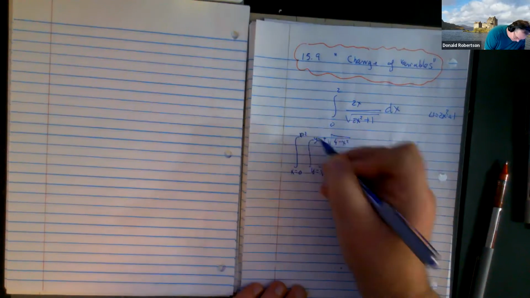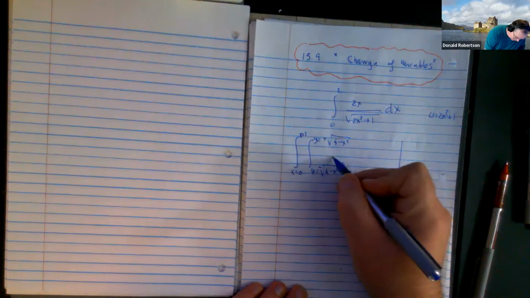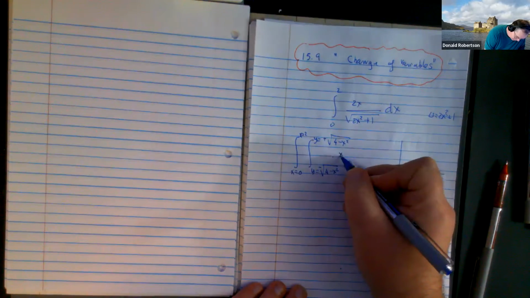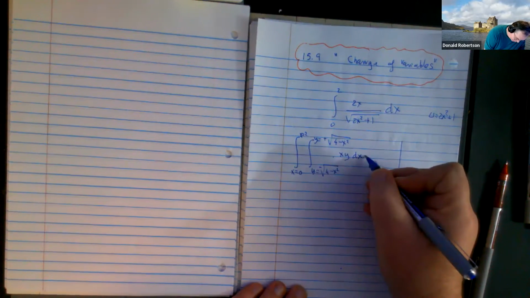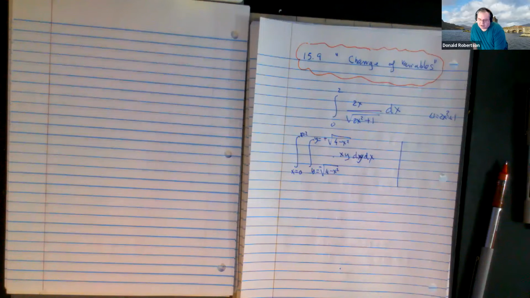Now, it doesn't really matter what's here, but let's say it was xy, and you had to do a y first, a dy dx. Now, if I gave you that integral to do, just looking at it, what would you probably use for that double integral? Because we have done ones like that.